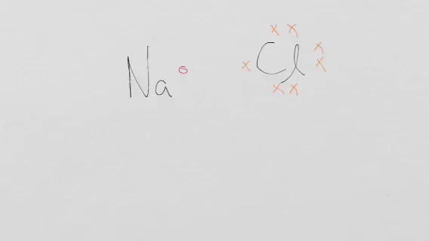If I want to show how these guys actually combine to form a molecule, I can do that using Lewis notation, because what ends up happening here is the chlorine comes in and it takes sodium's 1 electron to fill its shell, right? That forms a molecule. It's just an easier way of drawing the valence electrons on any atom.